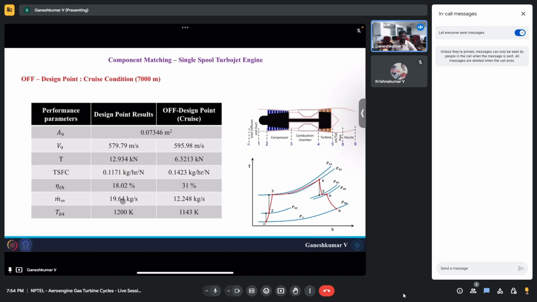On the design point, m dot was 19.64 kg per second, and the off design point m dot was around 12.248 kg per second, and the T04 is 1200 Kelvin, and for this condition you should have only T04 around 1143 Kelvin, slightly lesser. So there are a few things that you should understand here. This is just a basic problem that we solved. Actually, we didn't take into account speeds.